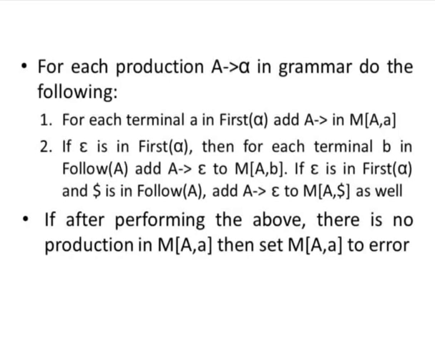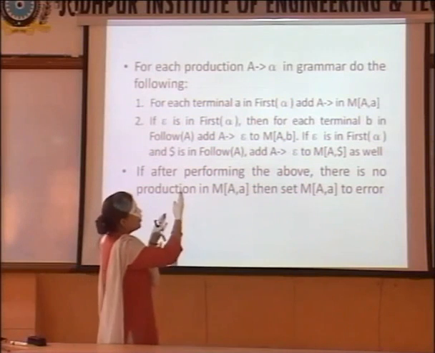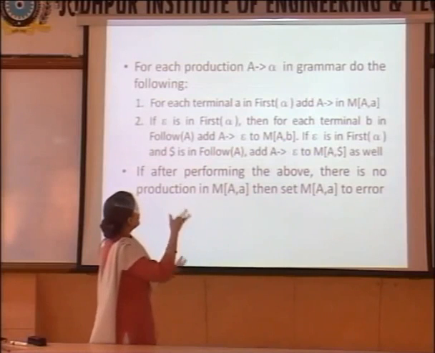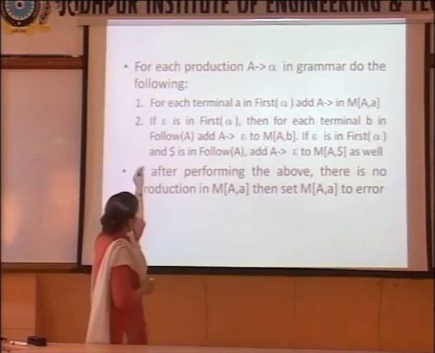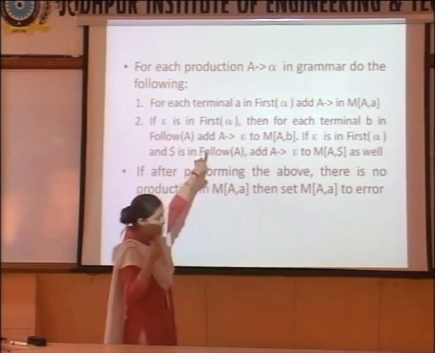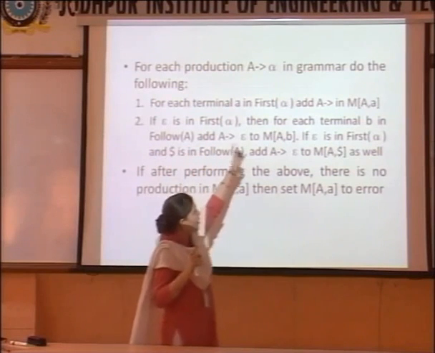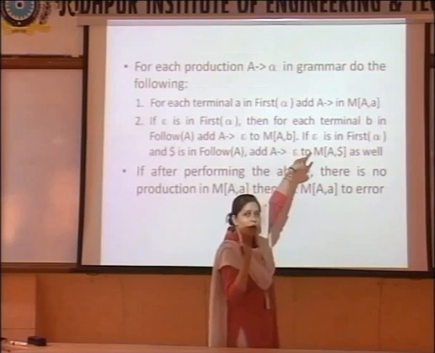Now, for each production that has the form A to alpha in a grammar, we need to do the following things. For each terminal a in first of alpha, add this production into the parsing table.